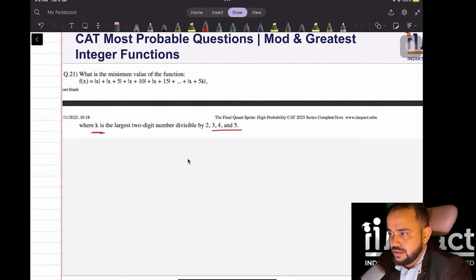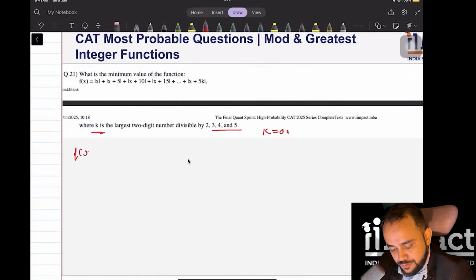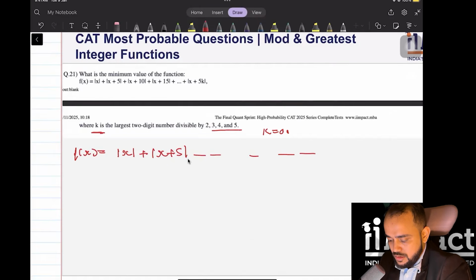And the next multiple of 60 is 60 into 2, that is 120, so that is not going to be the answer. K has to be 60, which means I have f of x is equal to mod of x plus mod of x plus 5 till mod of x plus 300. Now a couple of ways to look at this.